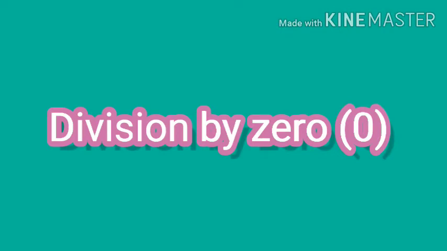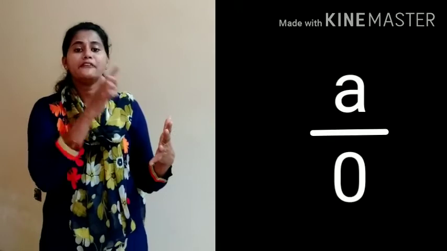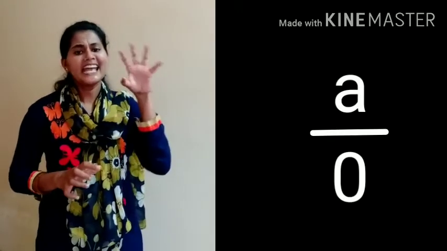Next, division by 0. Here two cases arise. First one is any integer divided by 0. Any integer divided by 0 is what? Undefined, right? Symbolically, I will represent it as A divided by 0. A is any integer.